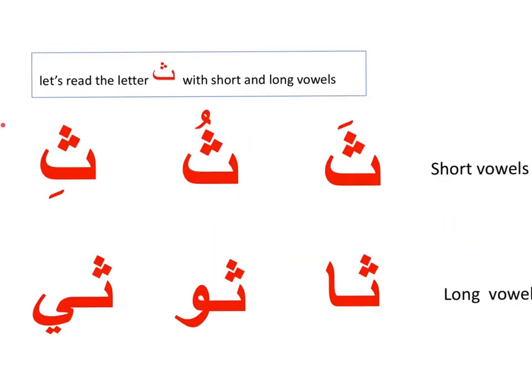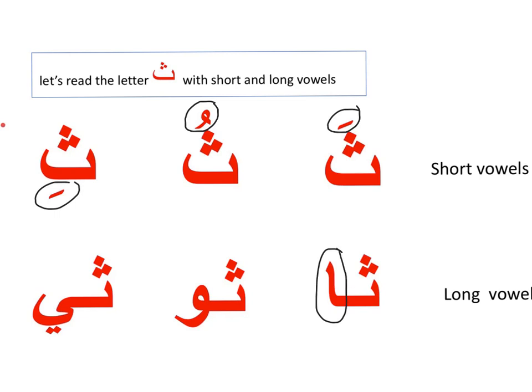Now let's read the letter Th with the short and long vowels. Th with fatha is Tha. Th with dhamma, Thu. Th with kasra, Thi. Th with the long vowel A, Thaa.